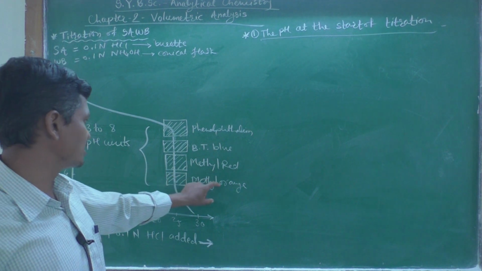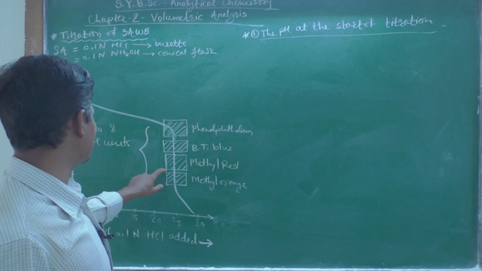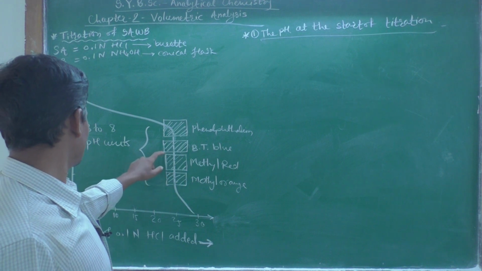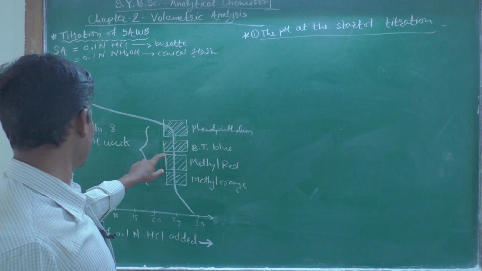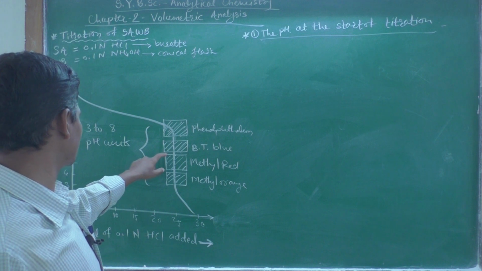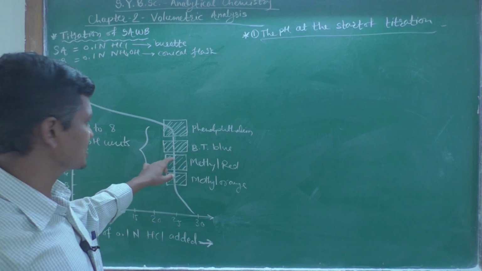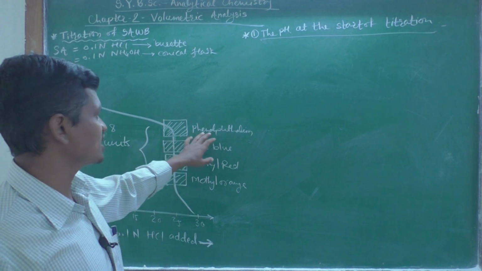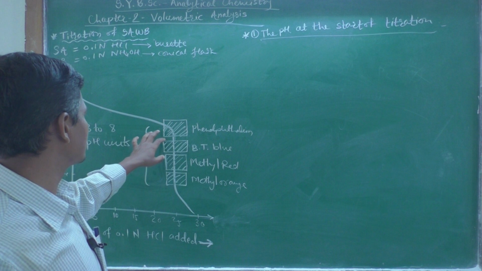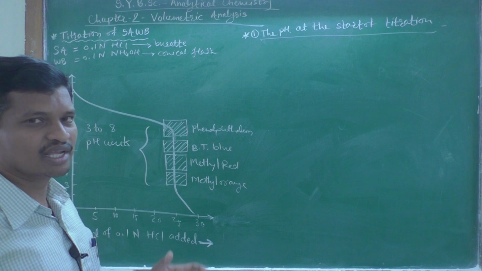Then methyl red, from 4.2 to 6.2. The third one is bromothymol blue, with a transition range from 6 to 7.6, and the last one is phenolphthalein indicator, with its transition range in pH units from 8 to 10.